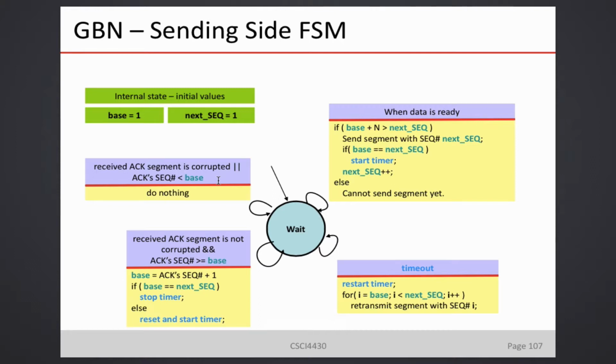The timeout and the reset of the timer are based on the continuous flow of the network. So what's the meaning? Let's say I predict that the round trip time is 1 minute. I give it 2 minutes for the timeout so that I already accommodate any possible errors within one round trip.